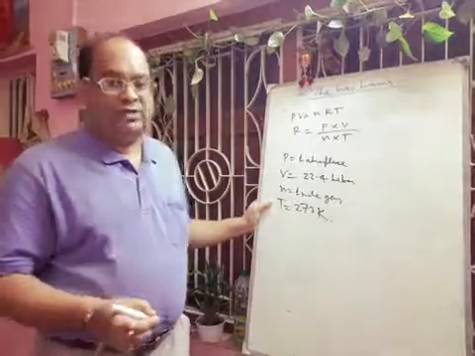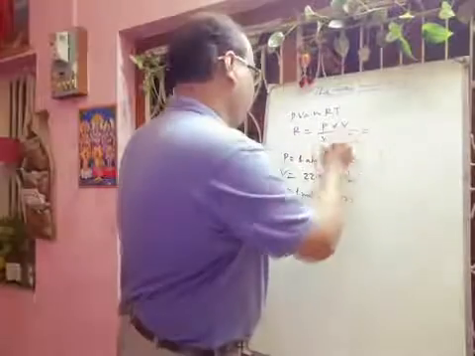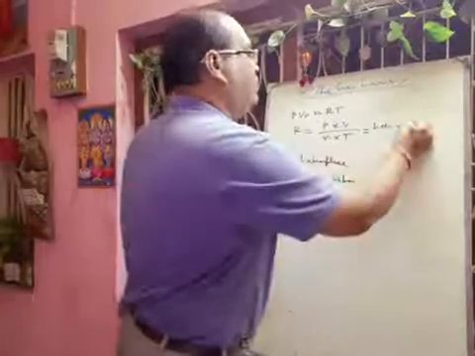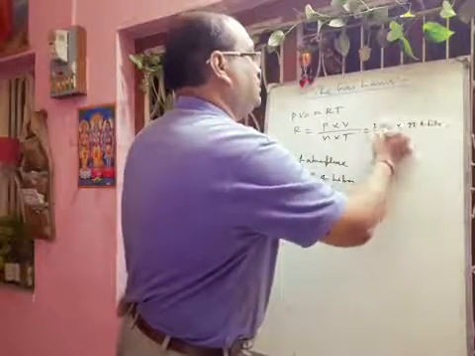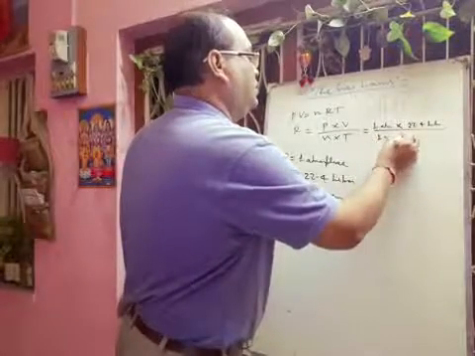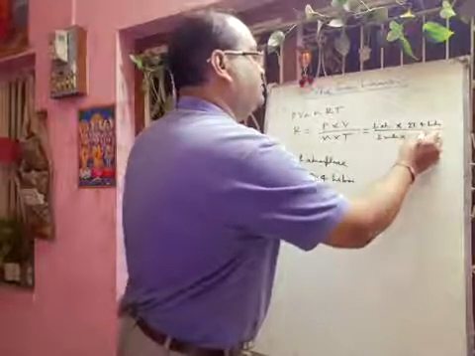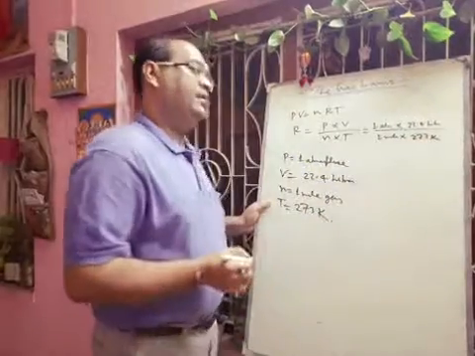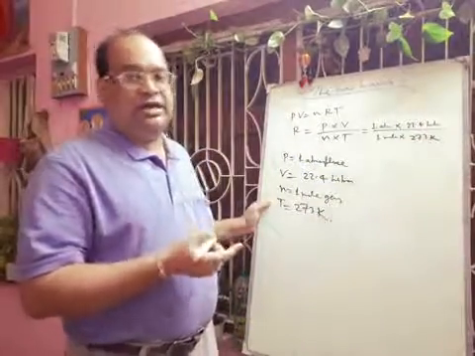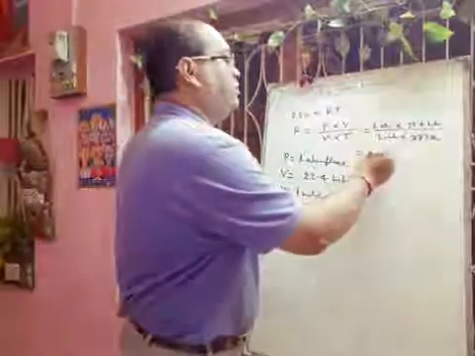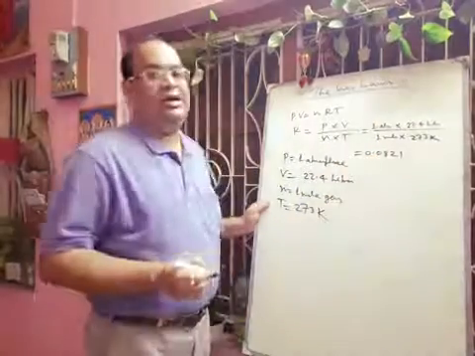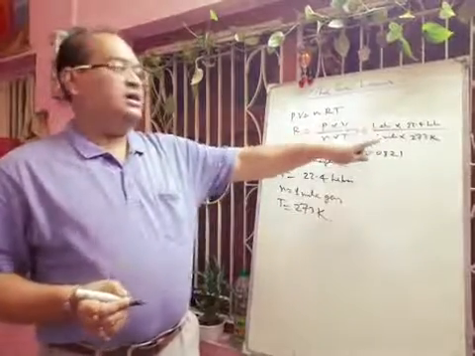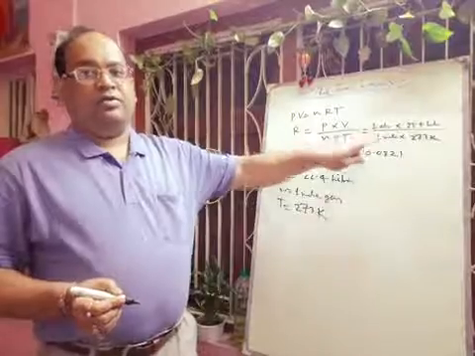Now if we put this value, then what we will get? P is equal to 1 atmosphere into V which is 22.4 liters divided by 1 mole into T which is 273 Kelvin. So in this way we can easily calculate. If we calculate it, then we will get the value 0.0821, and the unit will be liter atmosphere per degree per mole.